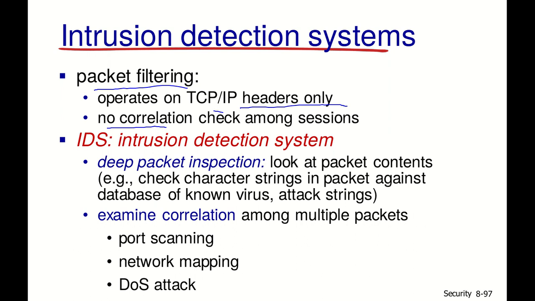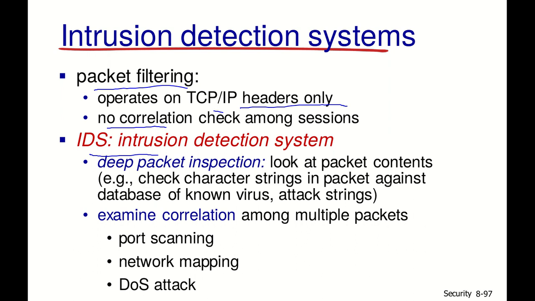With the IDS, there is more intelligence. But the IDS itself only serves as a detection mechanism. It cannot really prevent the attacks from happening. At most it can give an alarm if it detects any intrusion, but the actual prevention comes from the firewall.